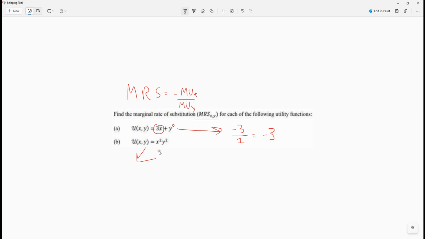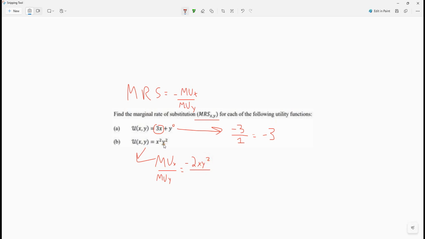So now this other one, we want the marginal utility of good x over the marginal utility of good y. Okay, so marginal utility of good x is, this is a 2, so this becomes 2, and this is a negative. So it'd be -2xy squared.